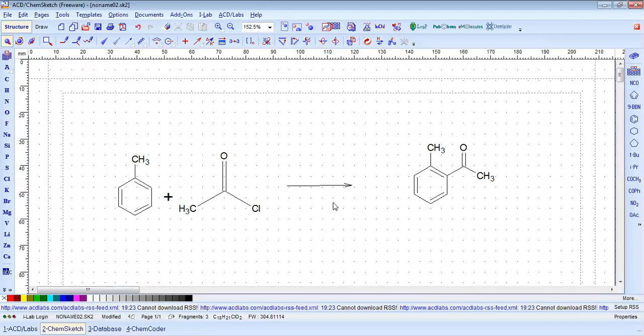Let us put some reaction conditions over there. So go for reaction arrow labeling. There is one option available, reaction arrow labeling. Select it and click on this icon.